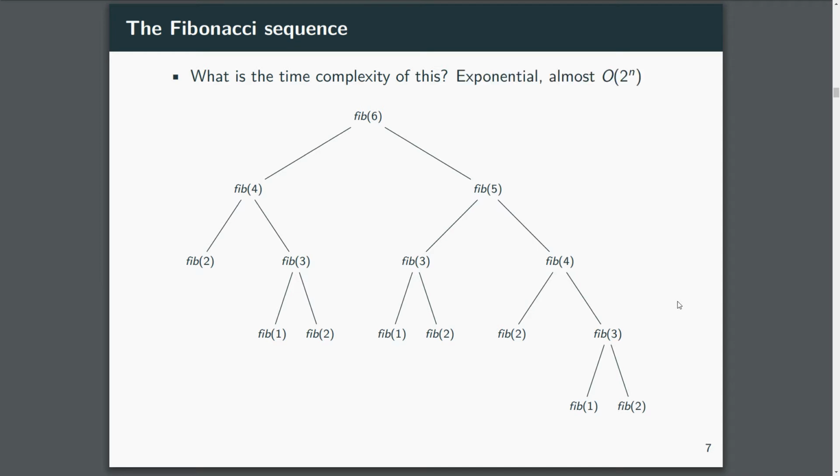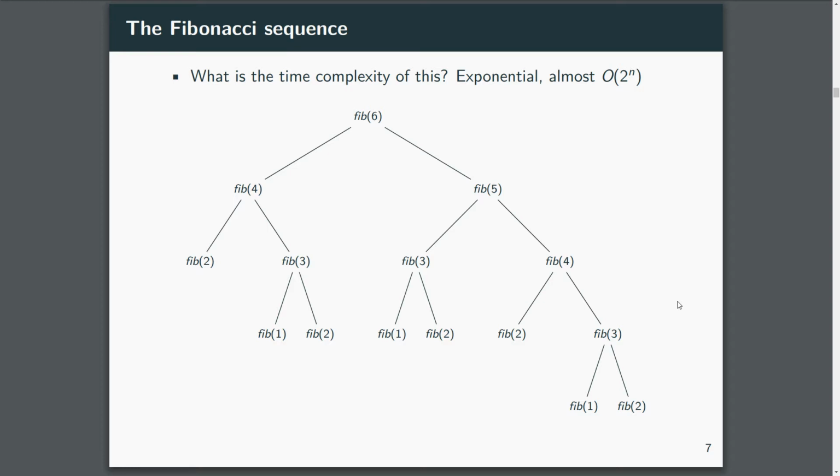And in this case, it's exponential. It's almost O of 2 to the power of n. It's actually O of phi to the power of n. Phi is the golden ratio, which you may know, may not. It's common in architecture to use it, especially in ancient Greece.